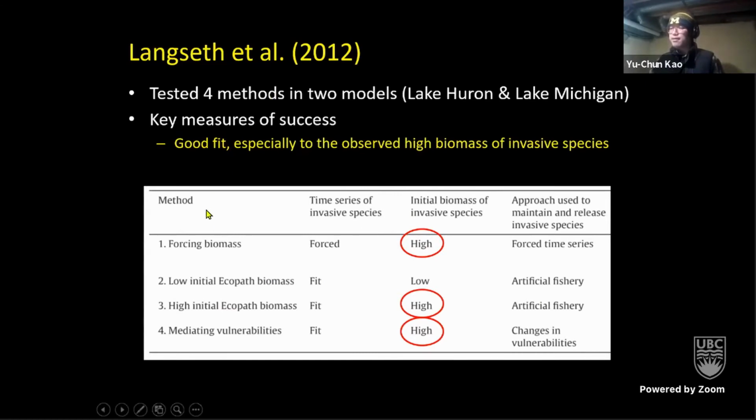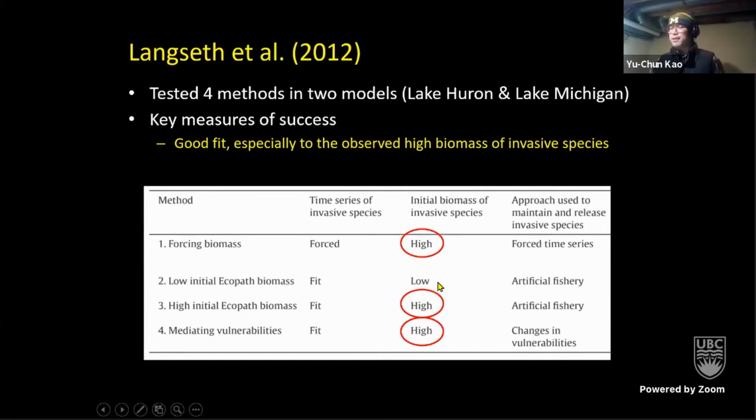So here are the 4 methods. First is forced biomass. So set initial biomass in Ecopath at a high level, and force the biomass of those invasive species over time.